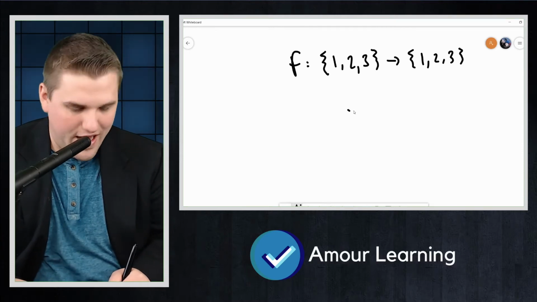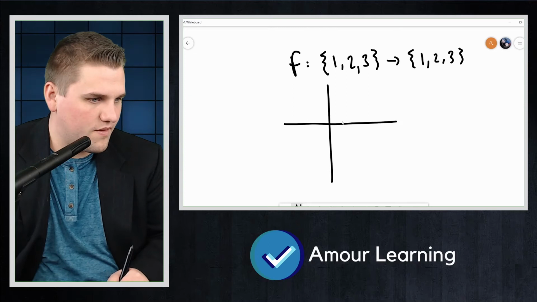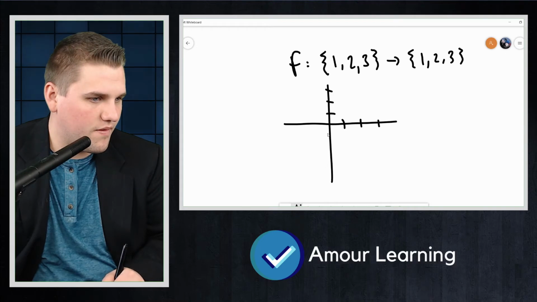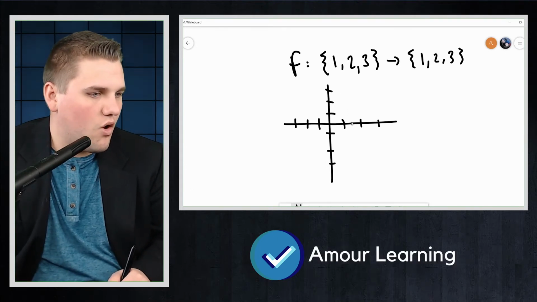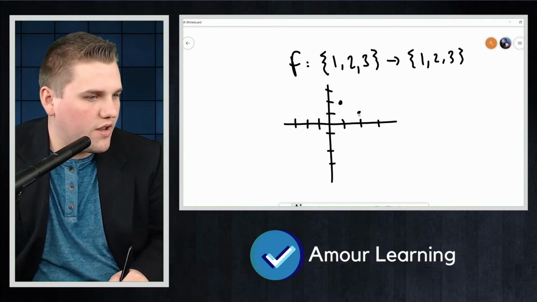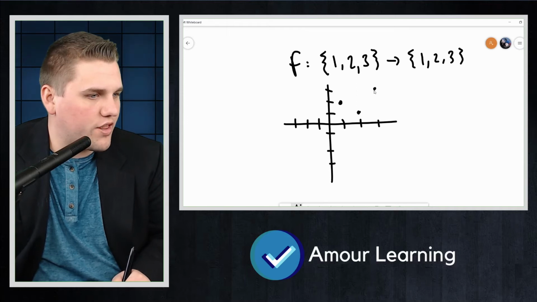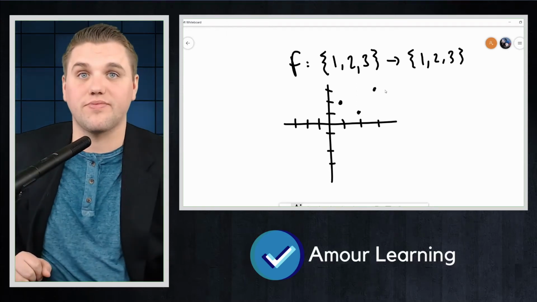And this would be the graph of that function. Let's say we send 1 to 2, 2 to 1, and 3 to 3. That right there is the graph of my function.